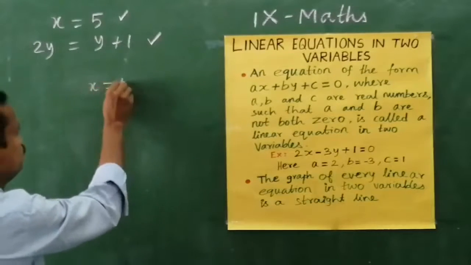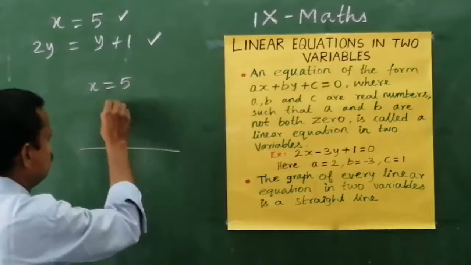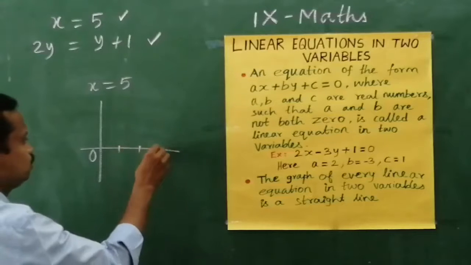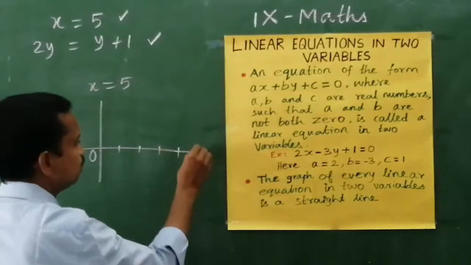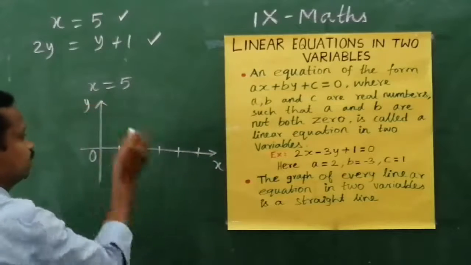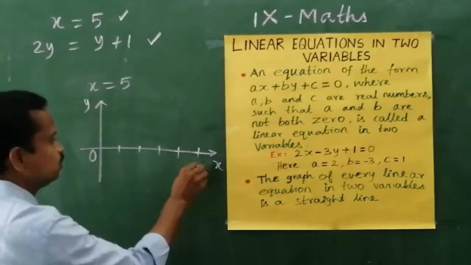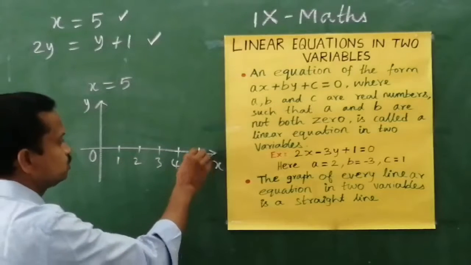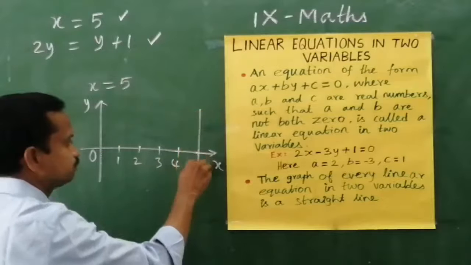X equal to 5 means, in the graph how do we draw? This is the origin, 1, 2, 3, 4 and this is 5, x axis, y axis. So, through this you have to draw a line.